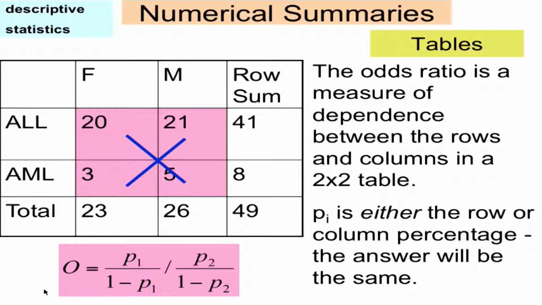Okay? And this is the same statistic that is used in case control studies where we look at risk ratios. You know, if you smoke, what's your risk ratio for lung cancer compared to a non-smoker, that kind of stuff. It's this statistic.